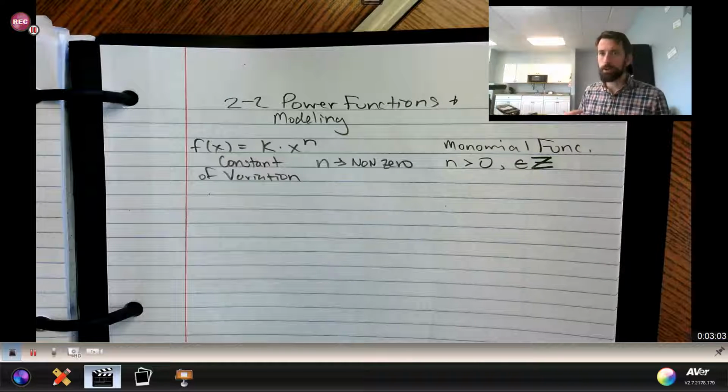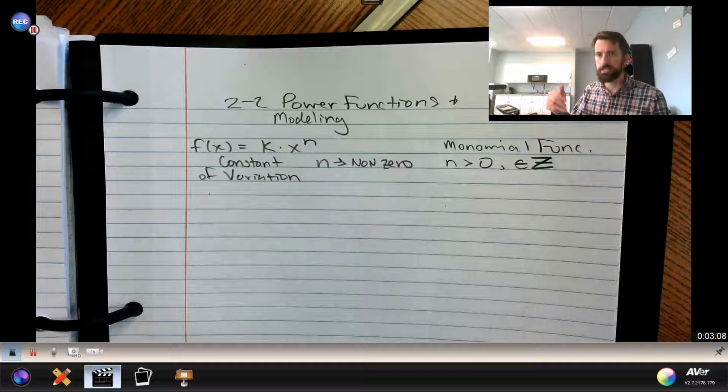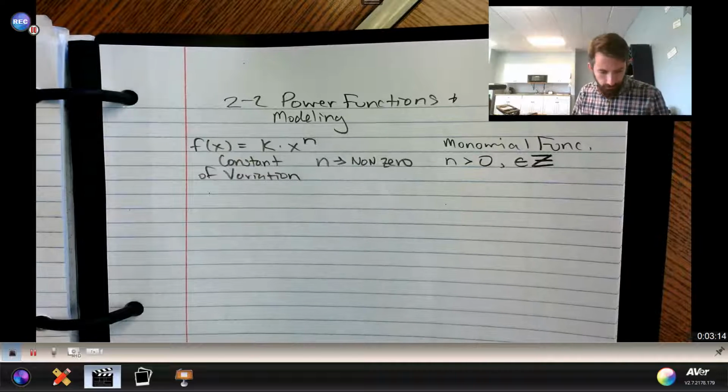So our monomial function is like an x to the first, x to the second, x to the third. This would be like that leading coefficient at the beginning of any kind of polynomial that we see.